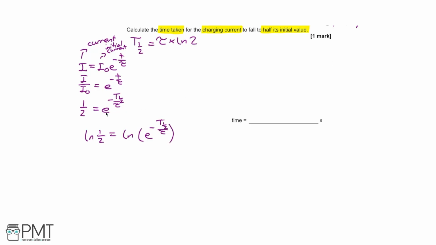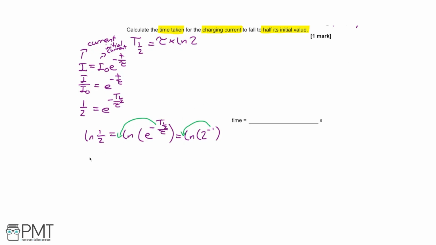From there, we can use logarithm laws. So we can rewrite the natural logarithm of a half as the logarithm of 2 to the minus 1, using laws of indices. And then we can use the rule for logarithms, which says that you can bring the power down to the outside of the logarithm. Specifically, the minus 1 can be brought out here, and the minus t half divided by tau can also be brought down.